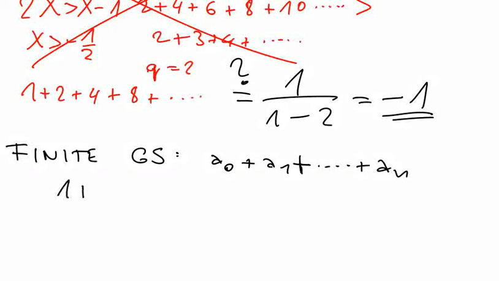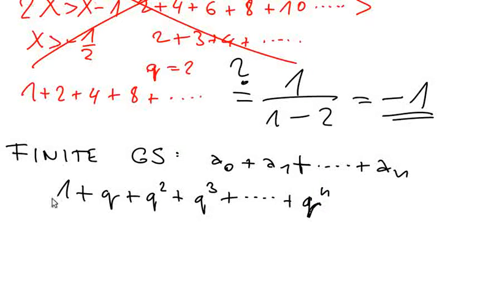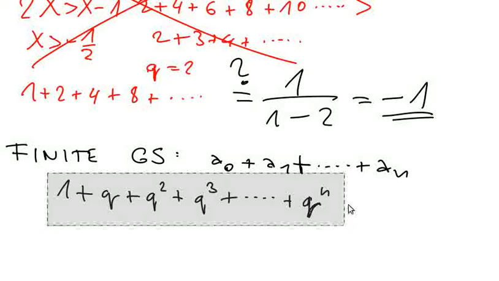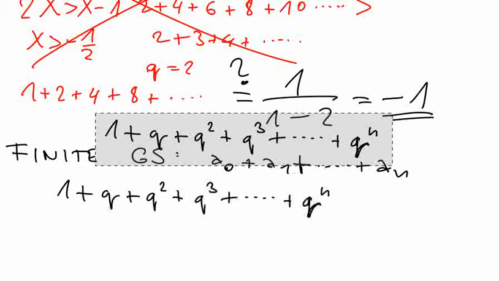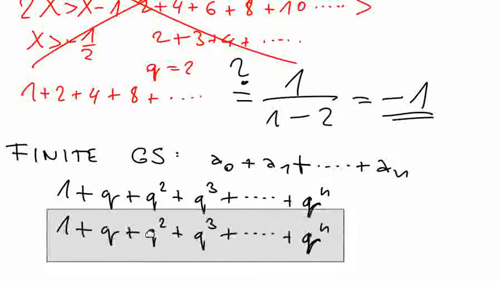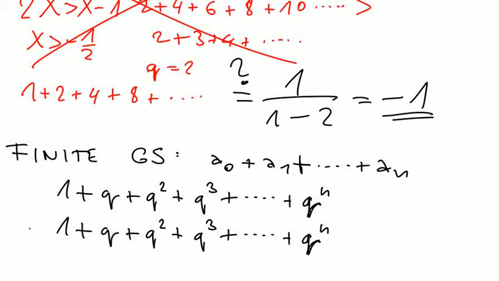So we have the series 1 plus q plus q squared plus q cubed and so on to q to n, and what we can do is take this whole thing, write it once again, and multiply it by q.